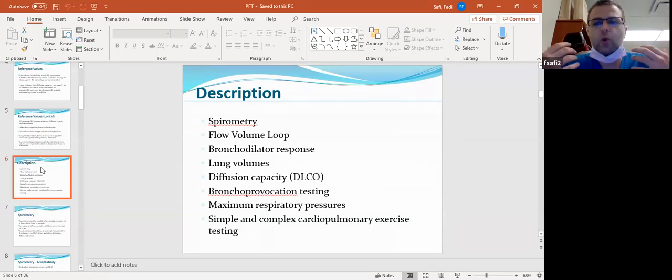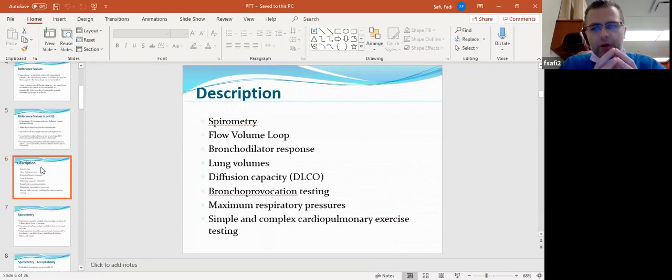Examples of that: you can give cold air, you can give histamine, you can give methacholine, and all these are cholinomimetic agents or histamine, H1 agonists, that can cause bronchoconstriction. If you do those, then you are looking for a decrease or worsening of the FEV1 or FVC when you give these substances.